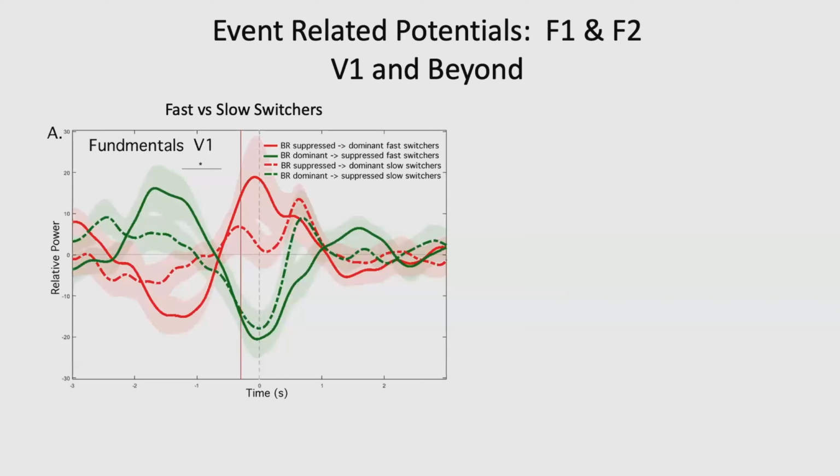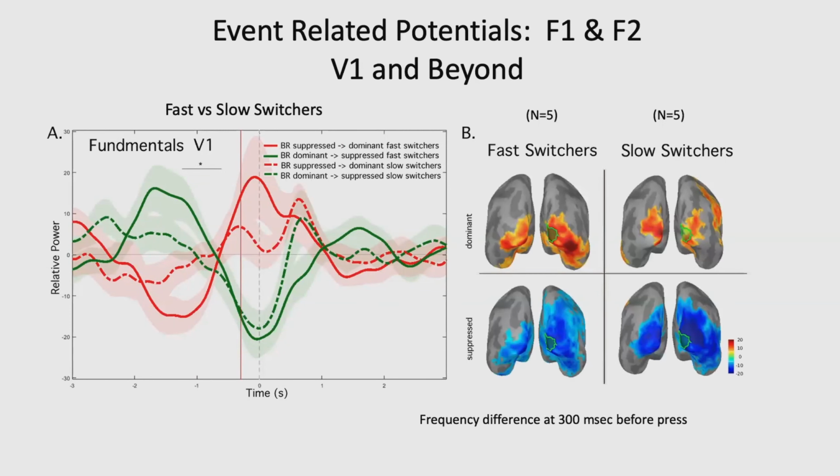It's pretty similar. It's actually a little bit intriguing to see more of a dominant signal for the fast switchers, but that particular effect was not significant. But nonetheless, here's the brain map showing a little more impressive dominant signal for the fast switchers than the slow, but otherwise pretty similar, actually.